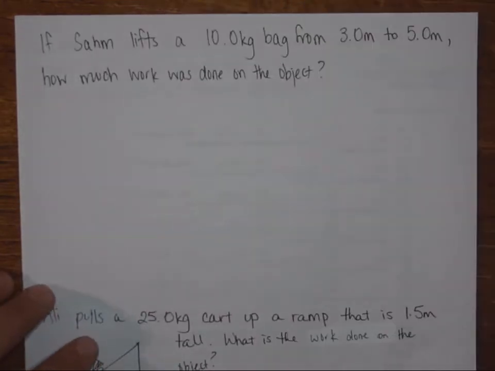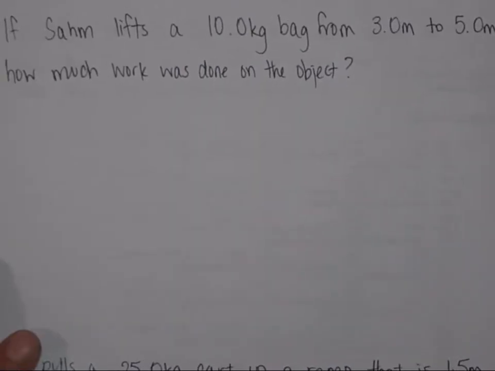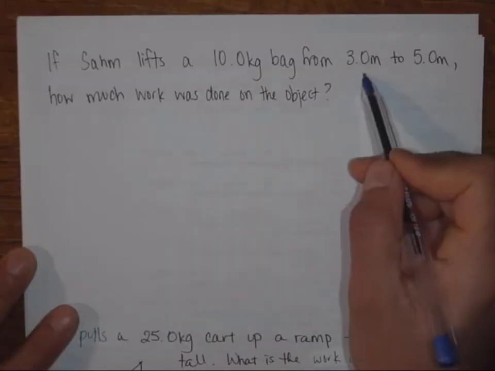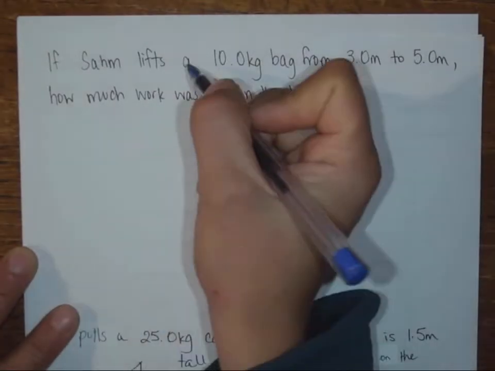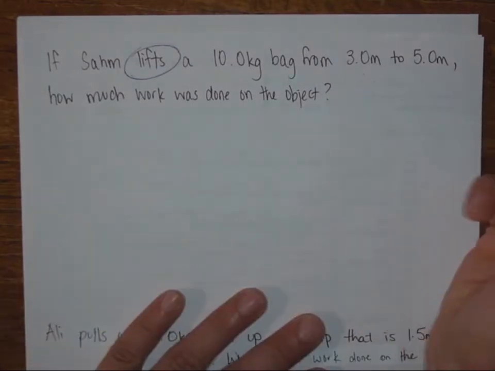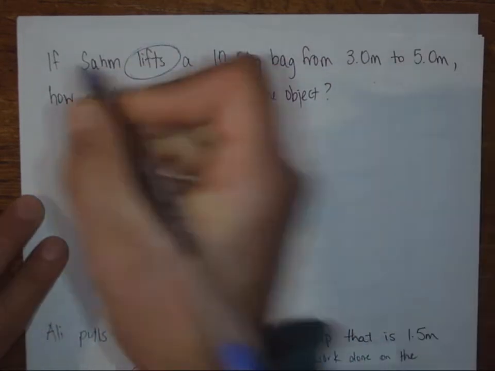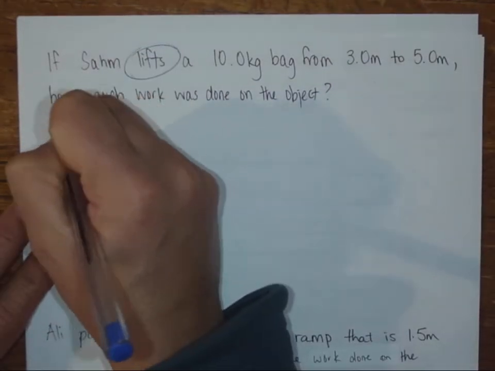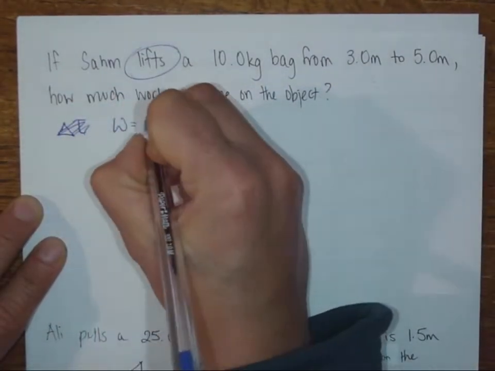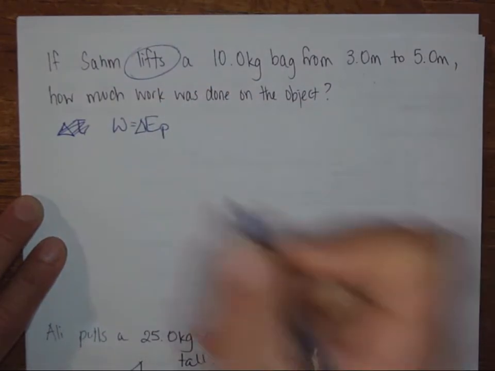Okay. So if someone lifts a 10 kilogram bag from 3 meters to 5 meters, how much work is done on the object? Let's take a look at this question. He is lifting a bag. If he is lifting a bag from one height to another height, we are dealing with gravitational potential energy. So in this case, work is a change in potential energy, or EP.